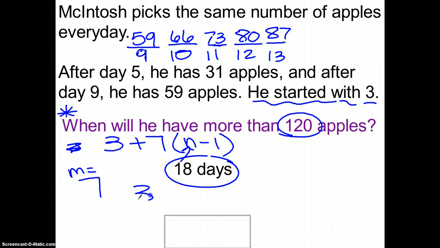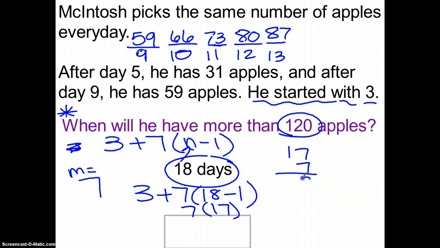Let's see, we've got 3 plus 7 times 18 minus 1, which is 17. 17 times 7, let's see, 49, 7, 8, 9, 10, 11, and then plus 3 more. So that would be 122 apples. So it's just barely more than 120 is 18 days.